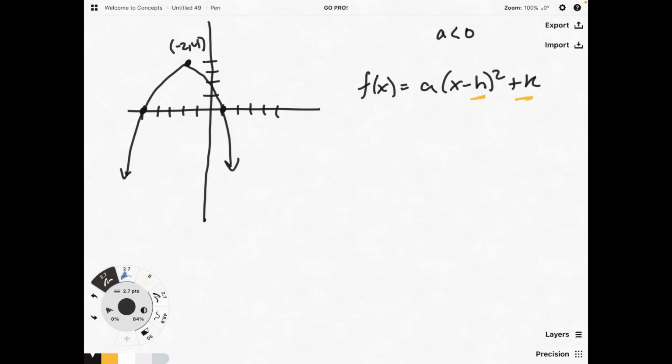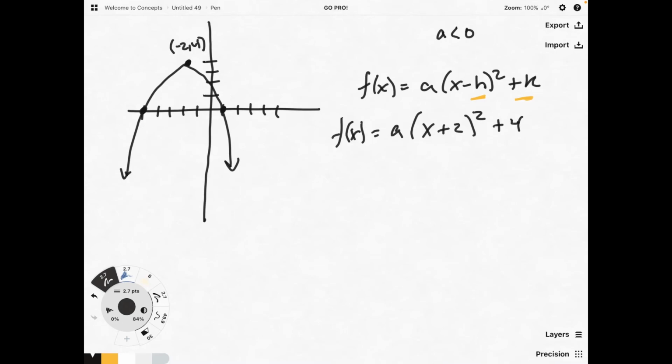When we plug those values in, we're left with our function f of x equals a, x is still undetermined, h in this case we know is -2, so that's going to be a +2 because a negative times a negative equals a positive, squared, and then plus k, in this case 4.